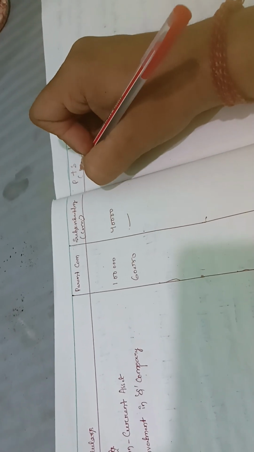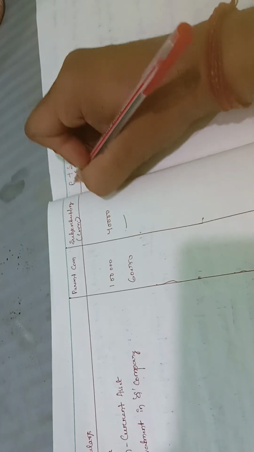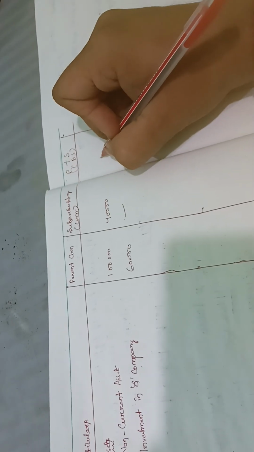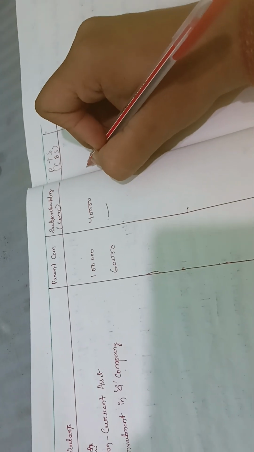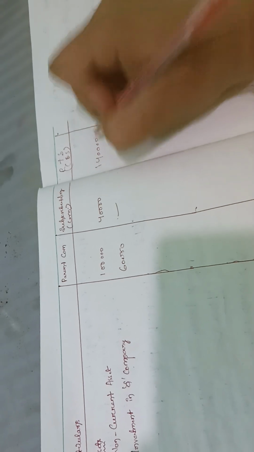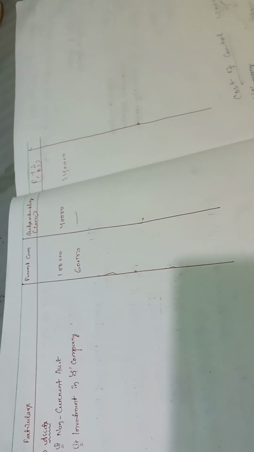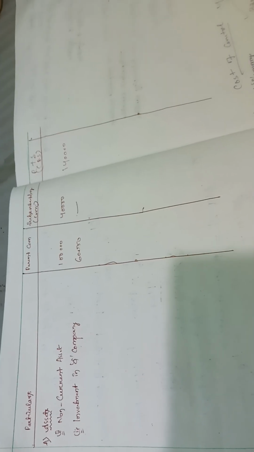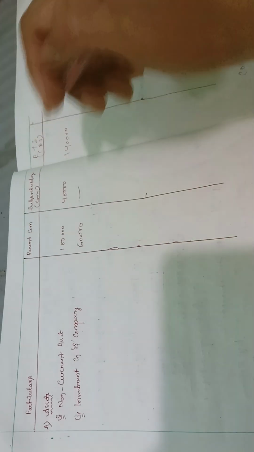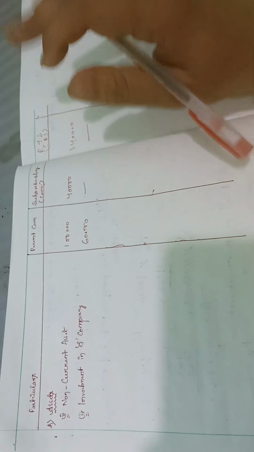This is the consolidated balance sheet, meaning parent company plus subsidiary company, the CBS items. The non-current asset total is 1,40,000. Investment will not be taken over.